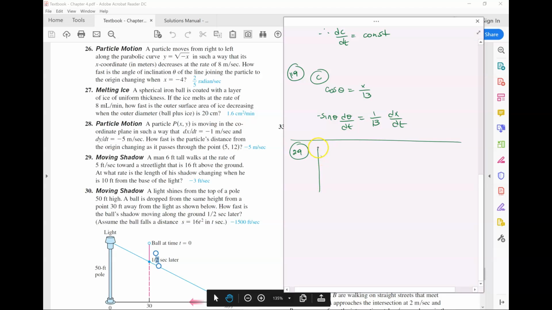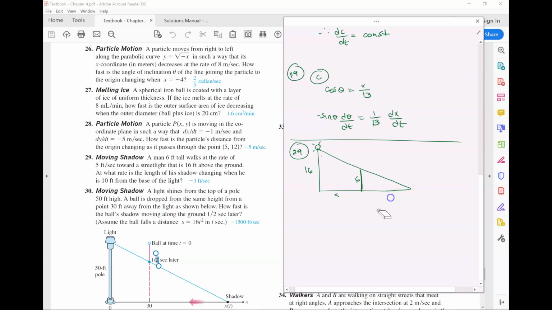So that's the lamp, right there. Suppose the guy is over here. That's his height. He's 6 feet tall, and the street light is 16 feet above the ground. Remember, like last time, this is x and this is his shadow.